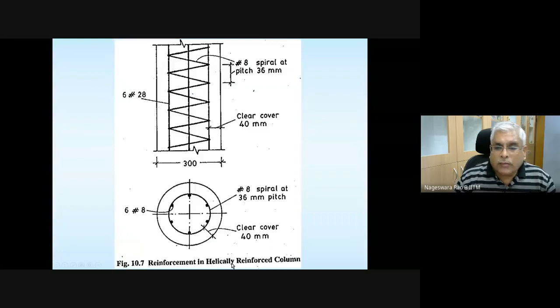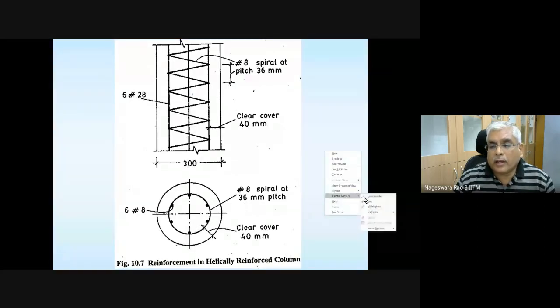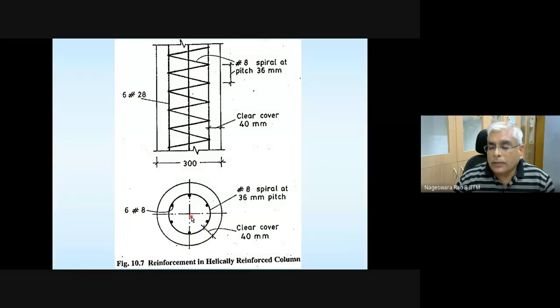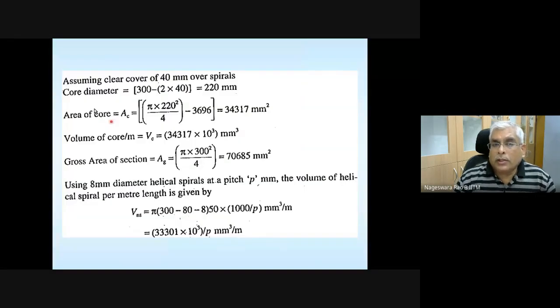Here, 40 mm on this side, 40 mm on this side, 40 mm on this side, 40 mm on this side. So whatever is left out, that is what is core. So the core diameter is going to be that. And once you get the core diameter, you can calculate the area of core. You can cross check all these numerical calculations, okay?